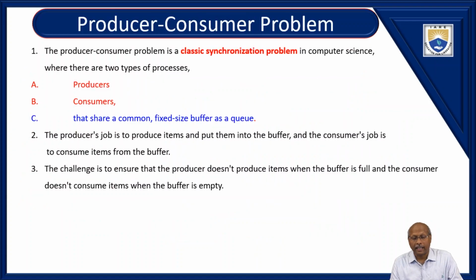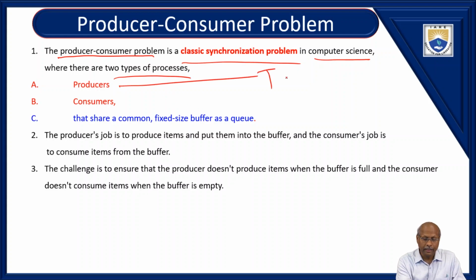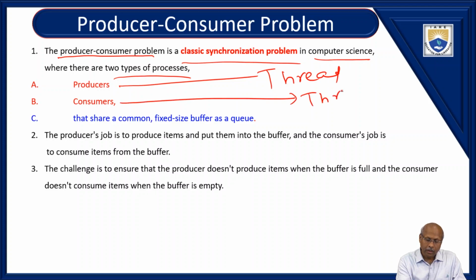Now we'll see the classical problem, that is the producer-consumer problem. Producer has to produce, consumer has to consume. The producer-consumer problem is a classic synchronization problem in computer science. There are two types of process. One is the producer, that is one thread, and another is the consumer, that is also another thread.